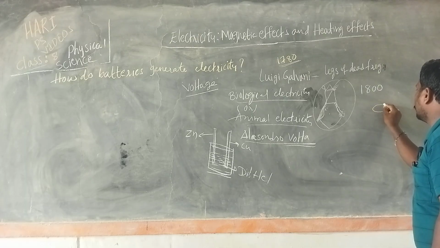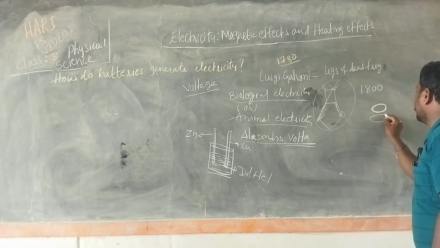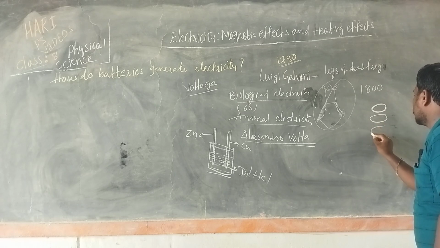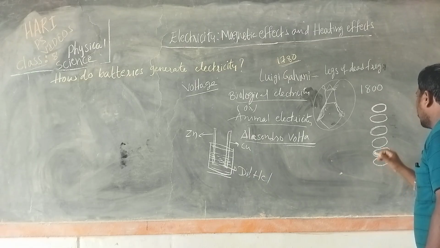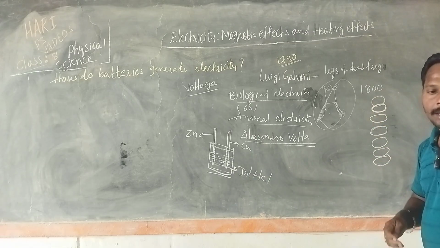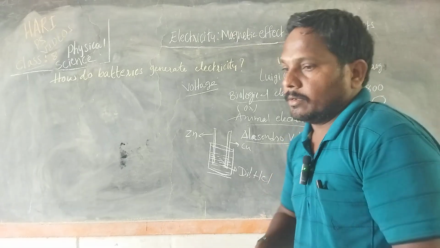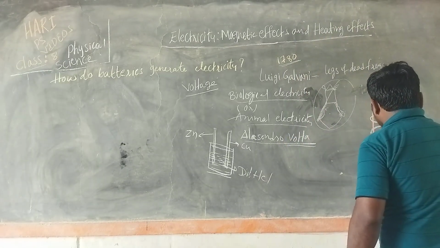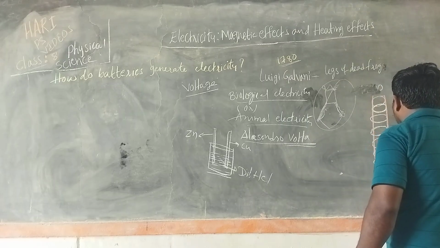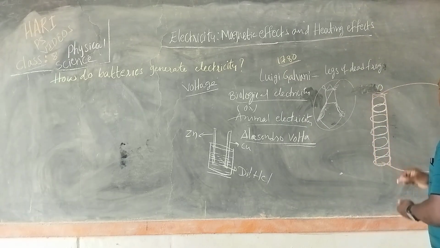Here he took different metal plates and arranged them like this. One wire is given here and the other is given like this.